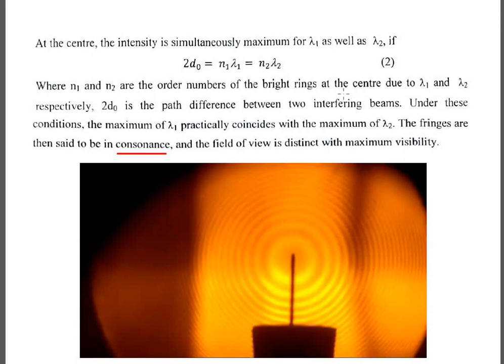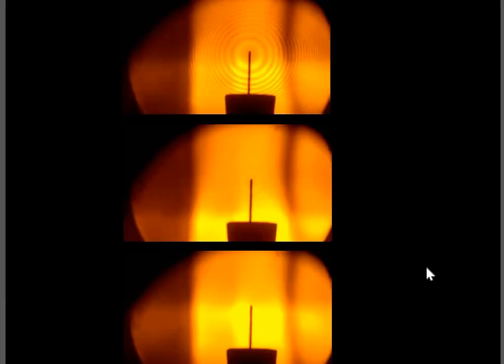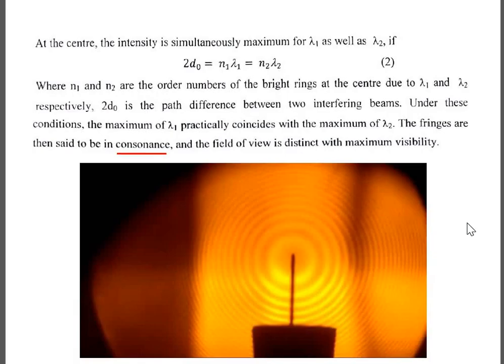Now under these conditions, the maximum of lambda 1 practically coincides with the maximum of lambda 2. Right? This is the scenario, both matching. And the fringes are then said to be in consonance. The brightness contrast is very nice, and the field of view is distinct with maximum visibility.